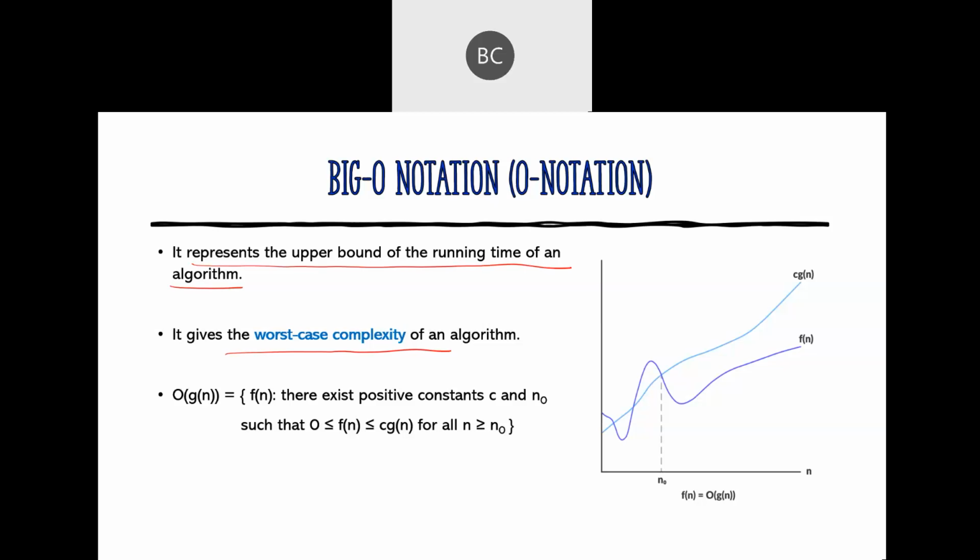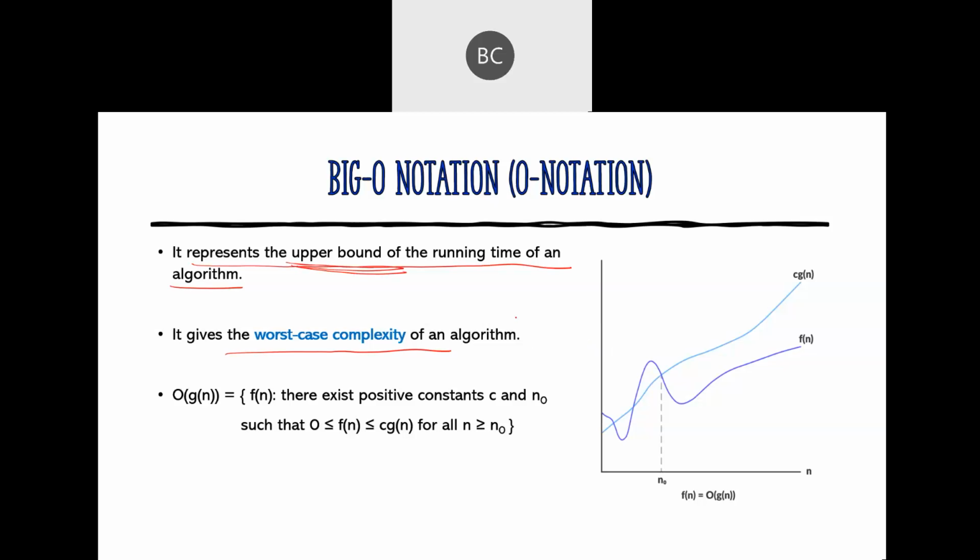If in the worst case you take lots of time, then it is not a good algorithm. And to represent the worst case, we always use big O. It always provides the upper bound. Remember that.